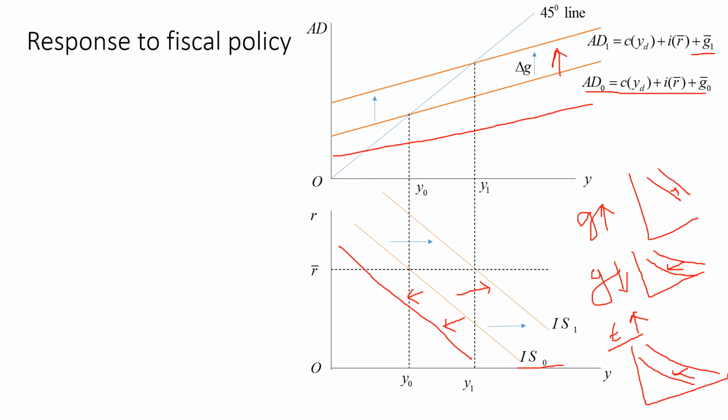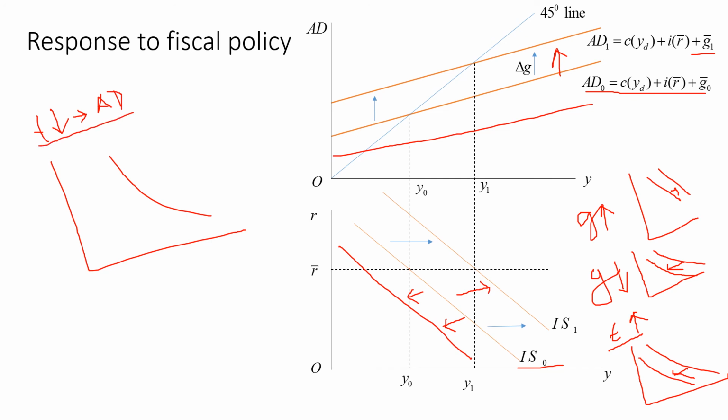And if the government decides to cut its tax, then what will happen? A tax cut means aggregate demand will increase. We have already discussed this in our simple Keynesian discussion on the multiplier.